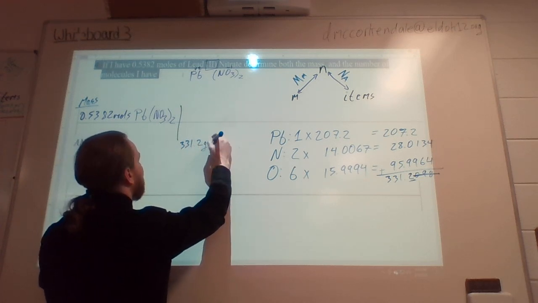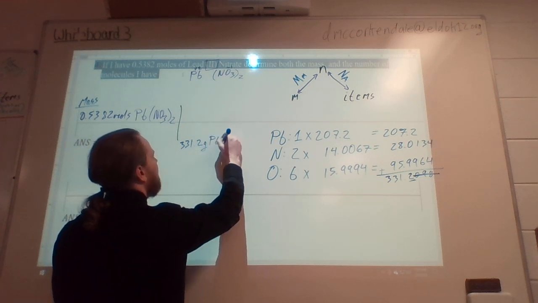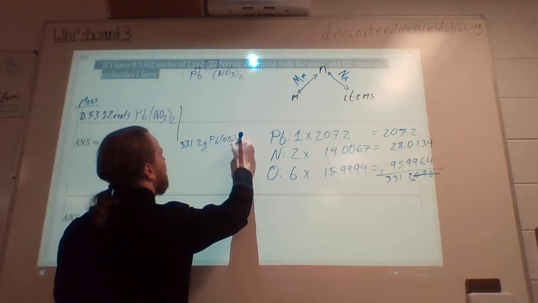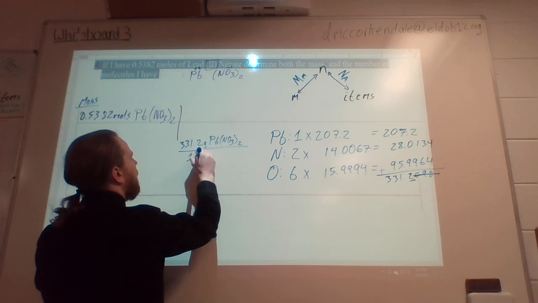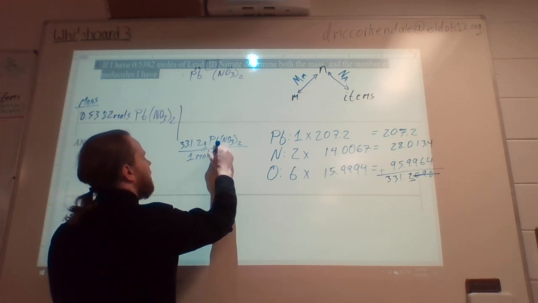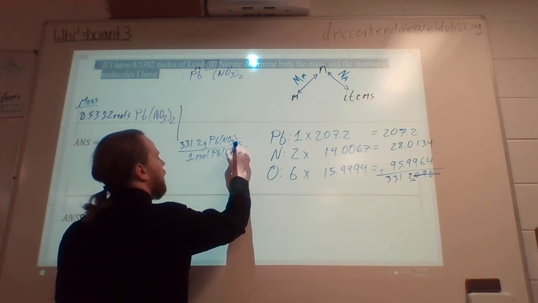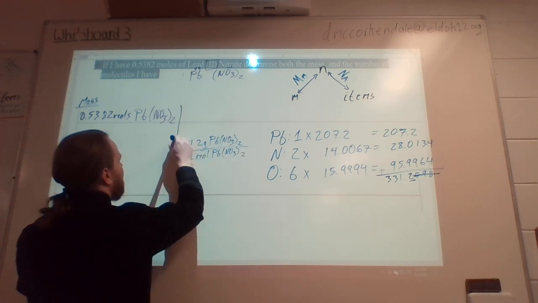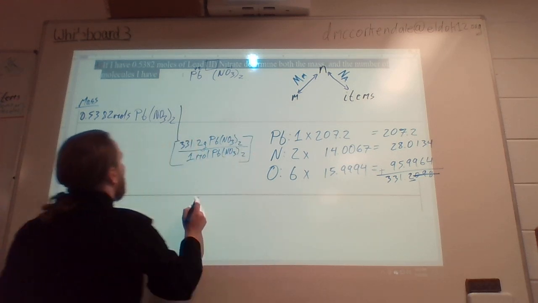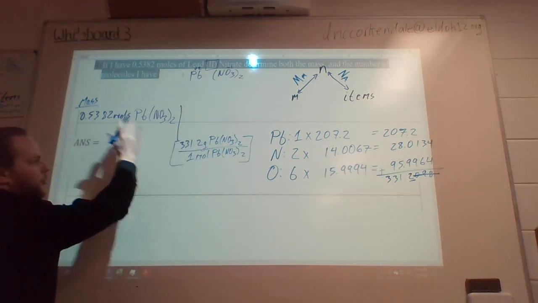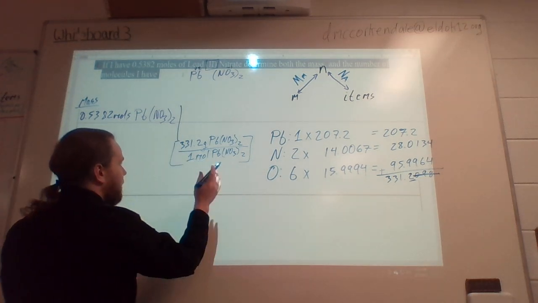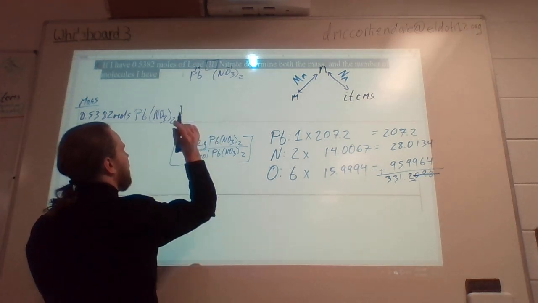So over here we have 331.2 grams of PbNO3 2 over 1 mole of PbNO3 2. We have moles in the numerator, so we need moles in the denominator, which means we just write this straight into here.